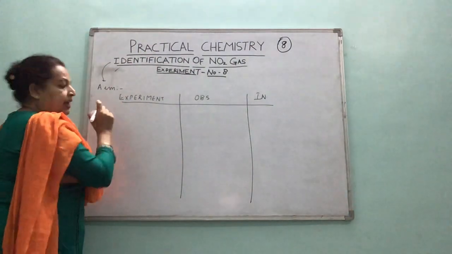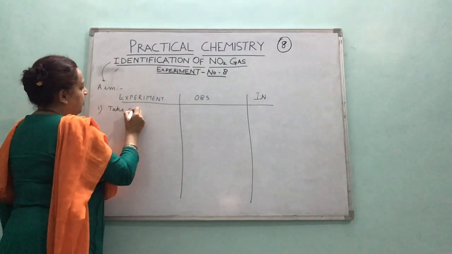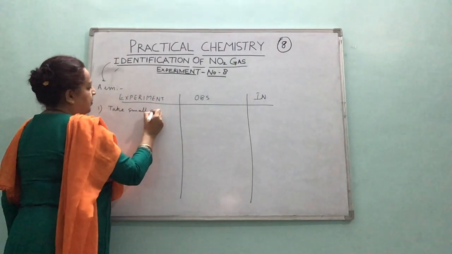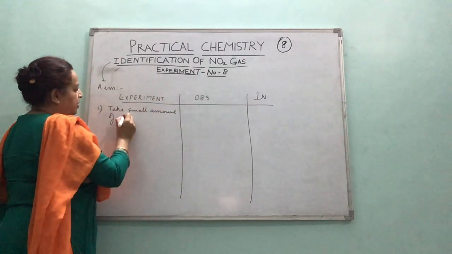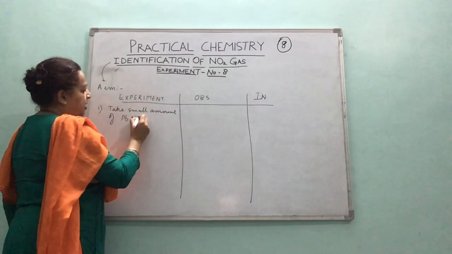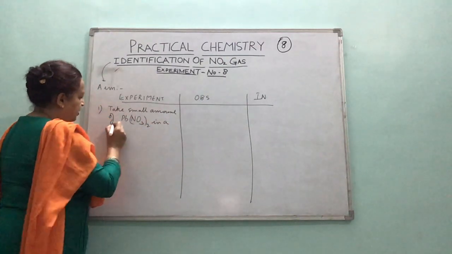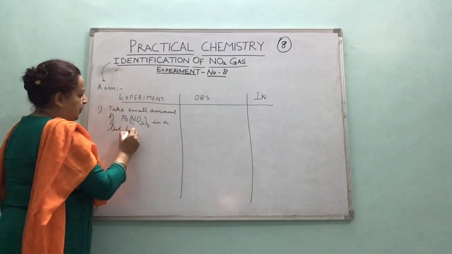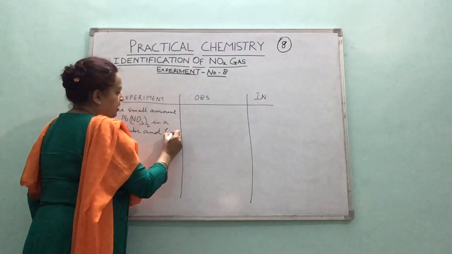Now what is the first thing? We are preparing NO2 gas. So take a small amount of, small quantity of what we took, children? Lead nitrate, Pb(NO3)2, in a test tube and heat gently. This is the first step.